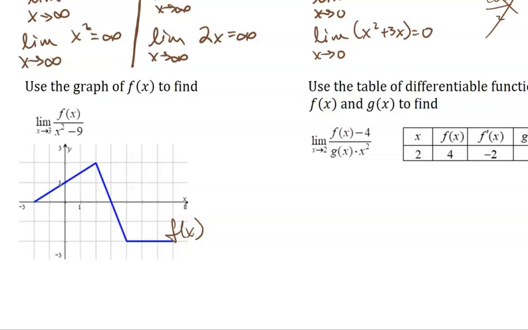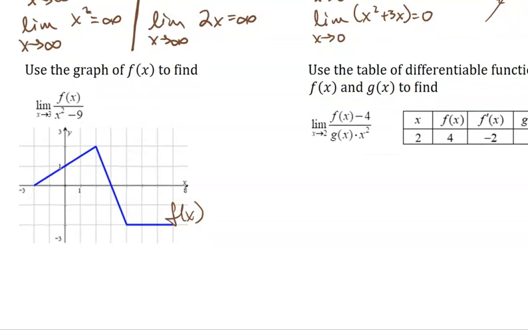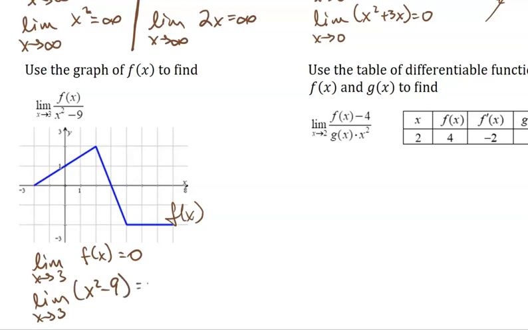Okay, so L'Hopital does apply. I'm going to write my conditions being met down here. So limit as x approaches 3 of f of x equals 0, and limit as x approaches 3 of x squared minus 9 equals 0.